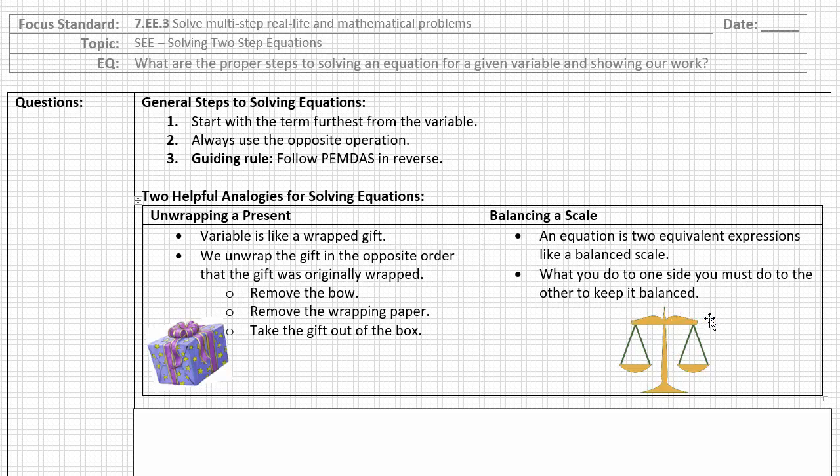Our goal in working with an equation is to always keep it balanced, and so what we do to one side, we must always do to the other. So you will hear me refer to both of these analogies, sometimes on the same problem, sometimes not, but good things to keep in mind. Please make sure you have this information written down before we begin our example problems today.